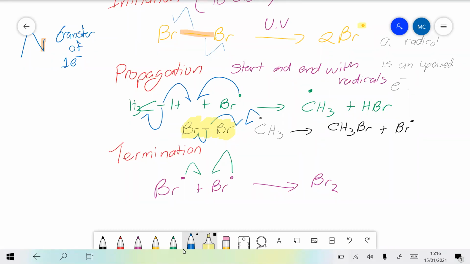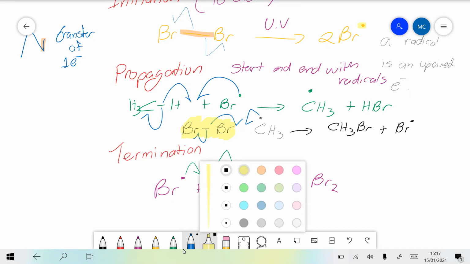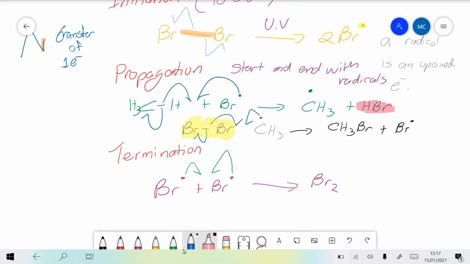And once you have 5, 10, 15, 20 bromine radicals, these can then react and propagate. You don't want to have too many initiators. What you want is a lot of propagation. The more propagation you have, the more products you've got. And remember, these are the products that you want, HBr and CH3Br.